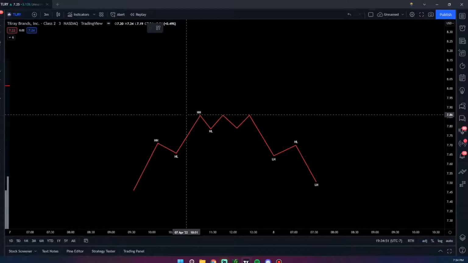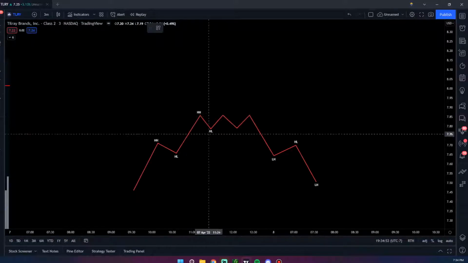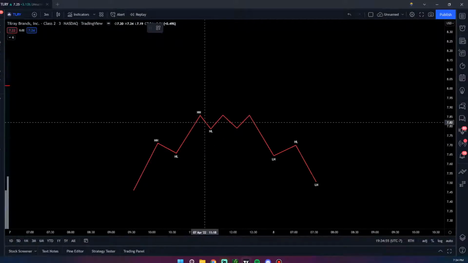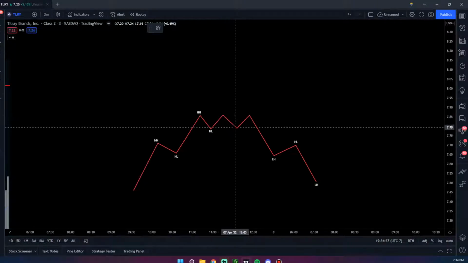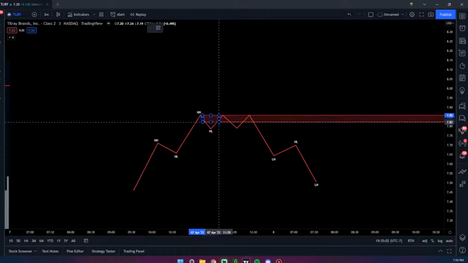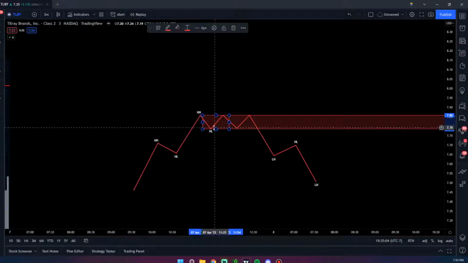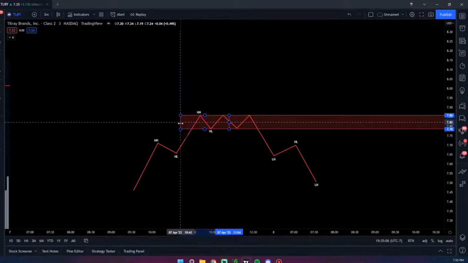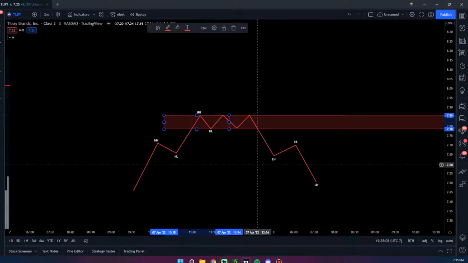This area up here, the way that you trade consolidation, once you realize you're not making new higher highs, you're not making new higher lows, this is consolidation, you're going to draw a rectangle around it. Give me 1 second, I'm sorry.